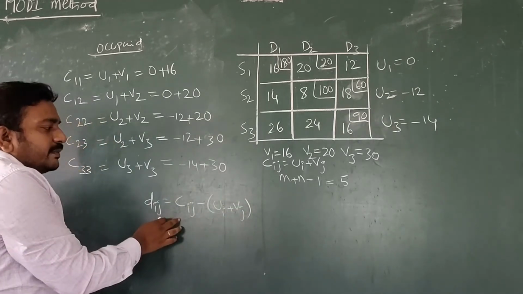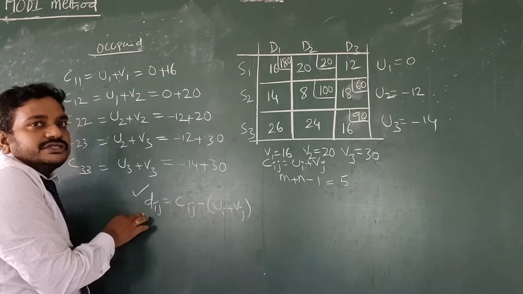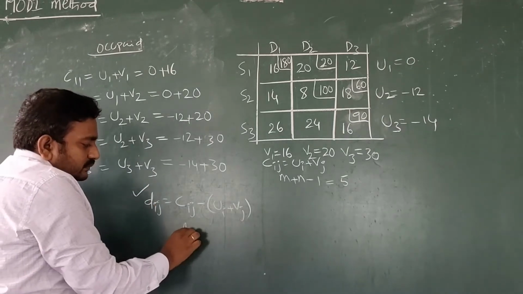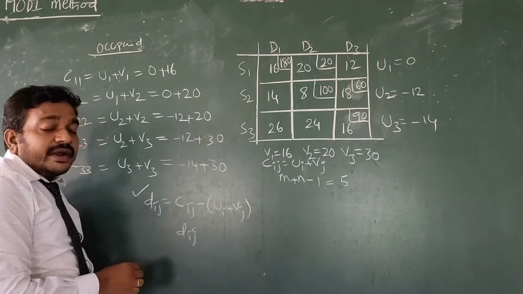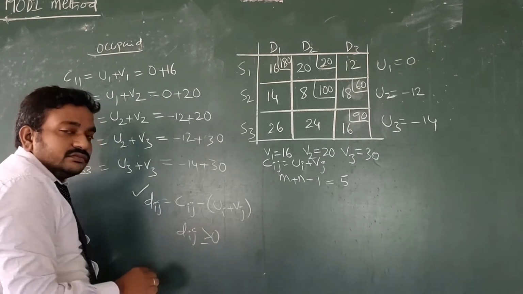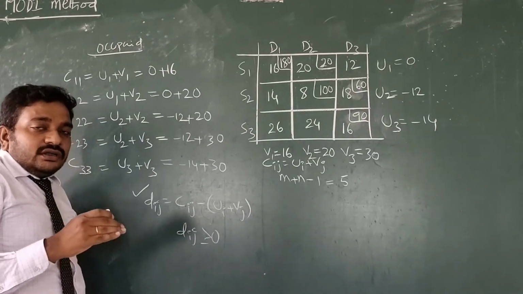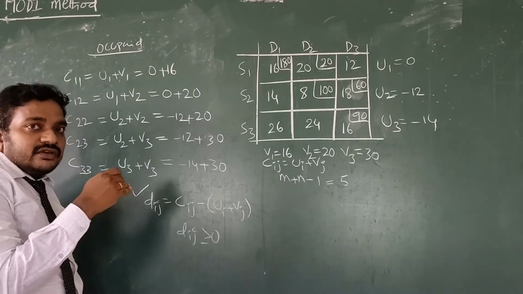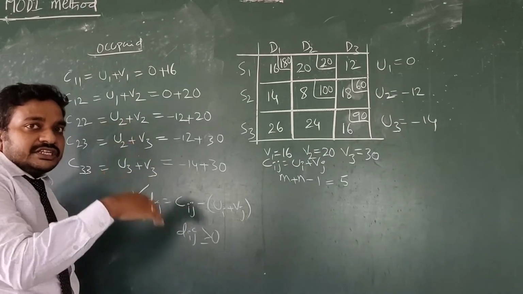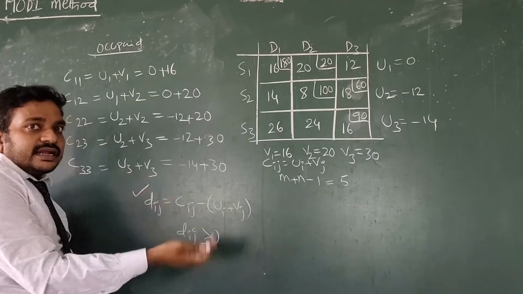By using this formula, we find the opportunity cost for all unoccupied cells. All unoccupied cell values must be greater than or equal to 0. Then that is the optimal solution. If not, make changes to the given solution, change the distribution, and find another transportation schedule.